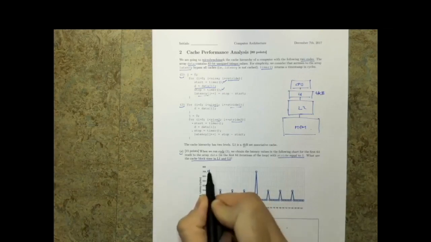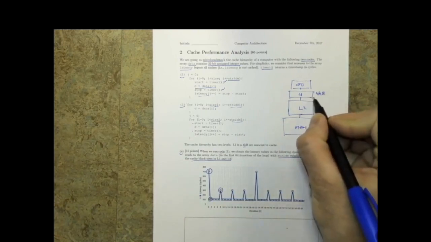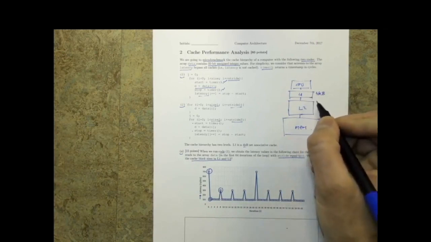We should infer what happens from the latency values that we see in the chart. As you can see in the chart, there are 3 different latency values: 700, 300, and 100 cycles. These give us an idea of which part of the memory hierarchy is being accessed.